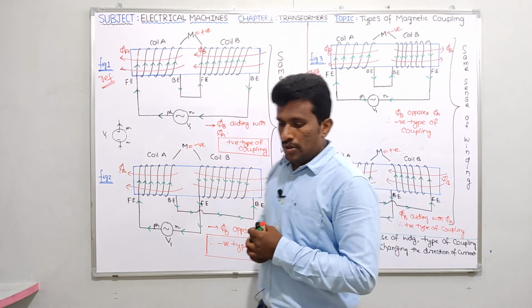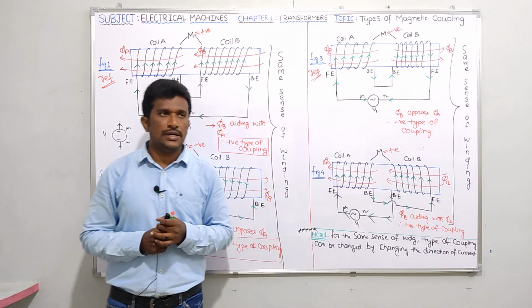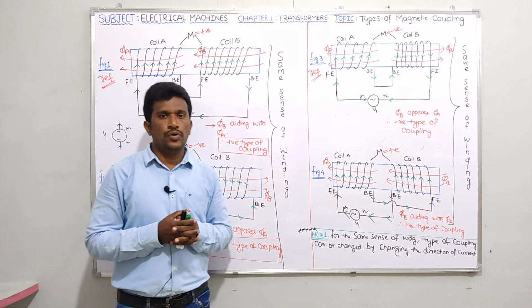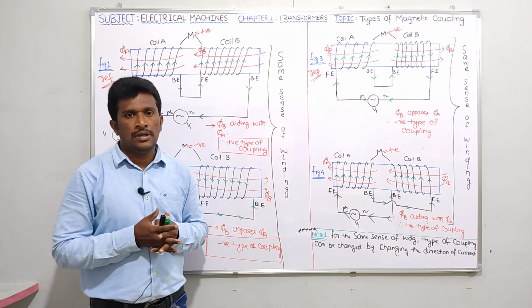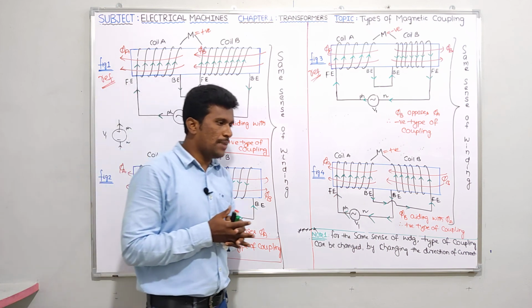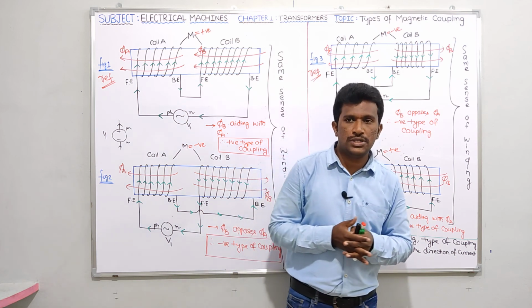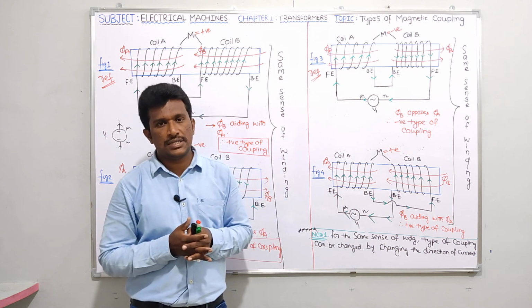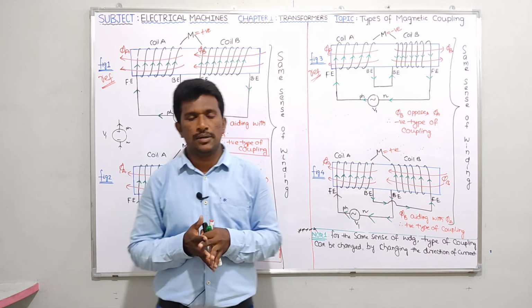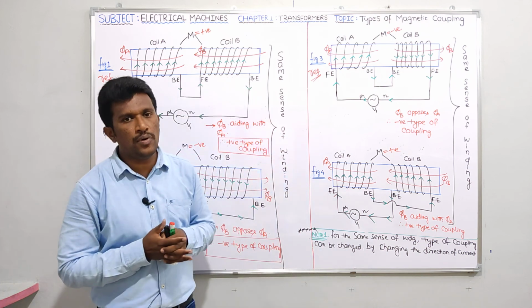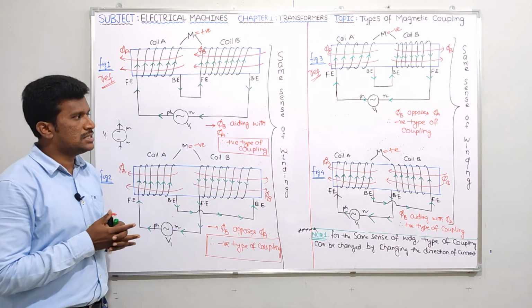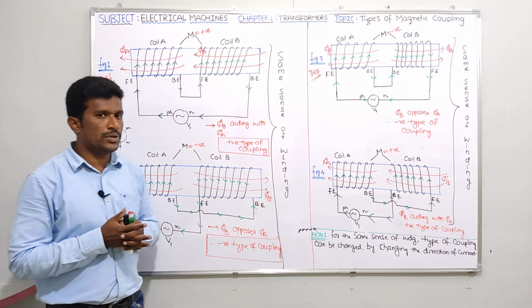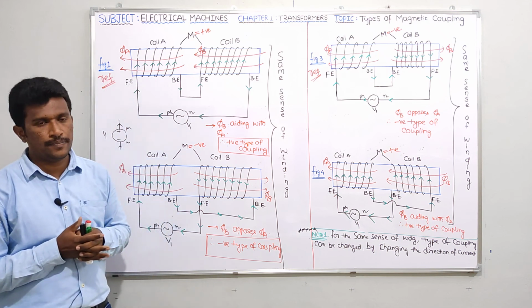If two fluxes aiding with each other, then it is positive type of coupling, comma, if two fluxes opposing with each other, then it is negative type of coupling, full stop.